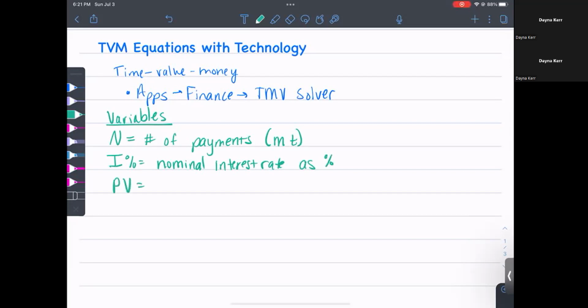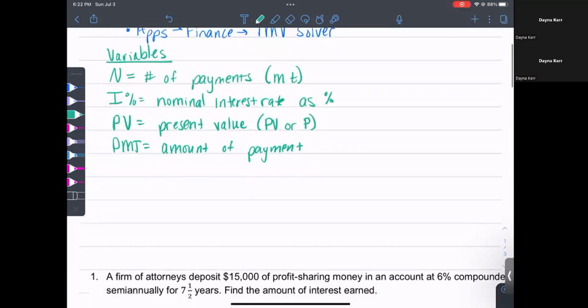And then PV is the present value. What we've used that for in formula so far, we've seen it as PV, but also just as P. And then PMT is going to be the amount of payment to reach FV, your future value, which in our formulas, we see as FV, or sometimes you'll see it as A. And then you'll have a P/Y, that is payments per year.